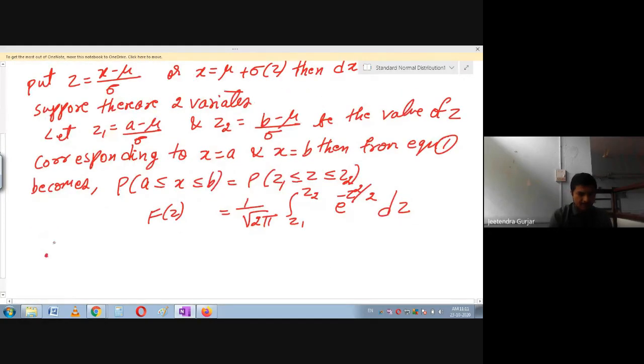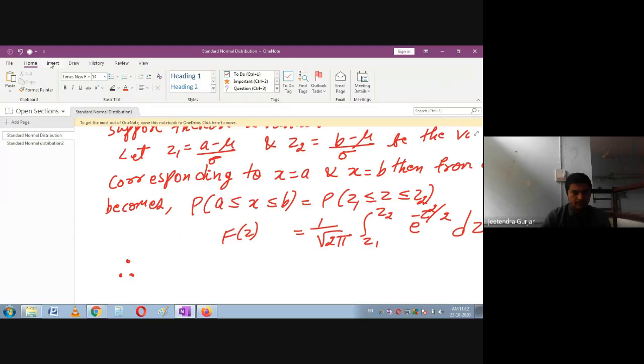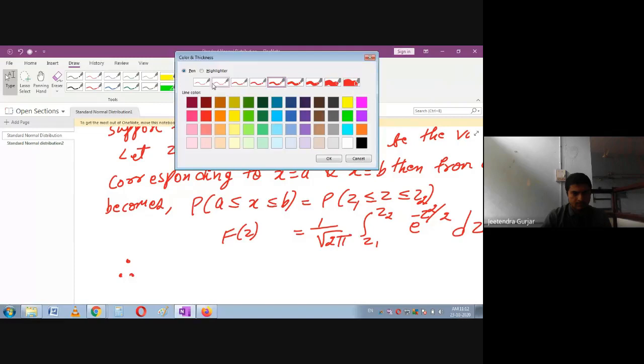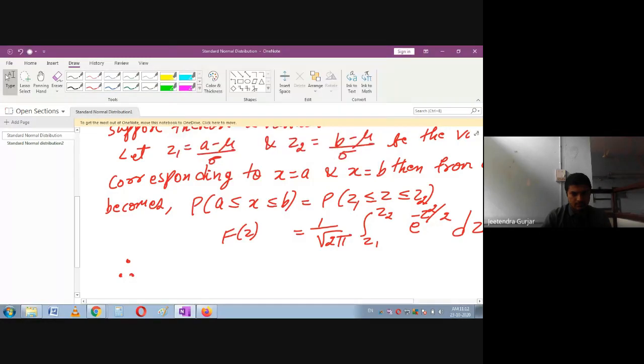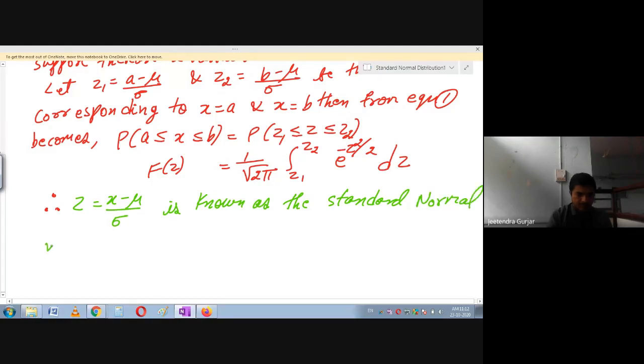This is very, very important, students. Please remember, z is equal to x minus mu divided by sigma is known as the standard normal variate.